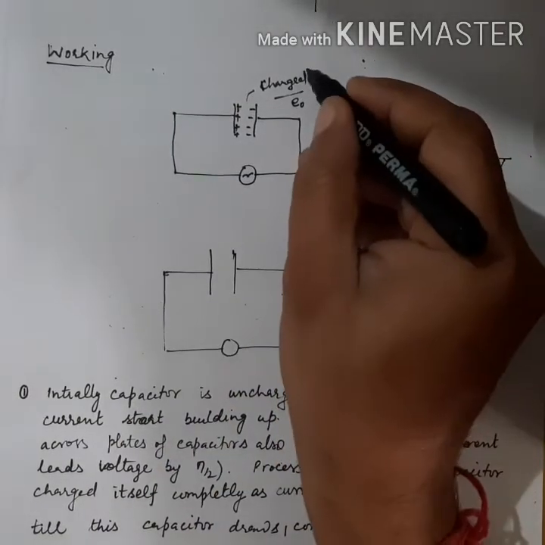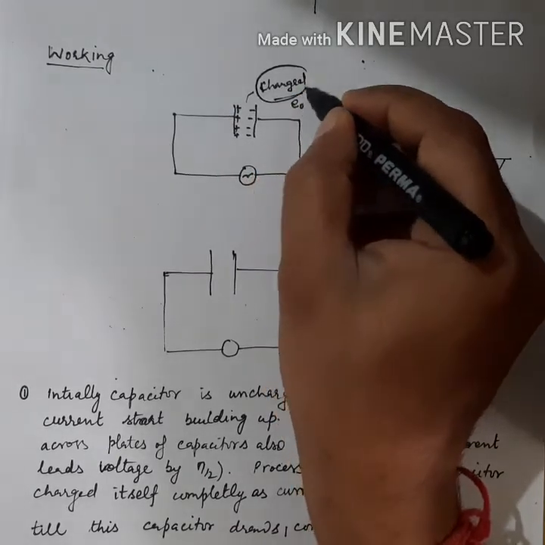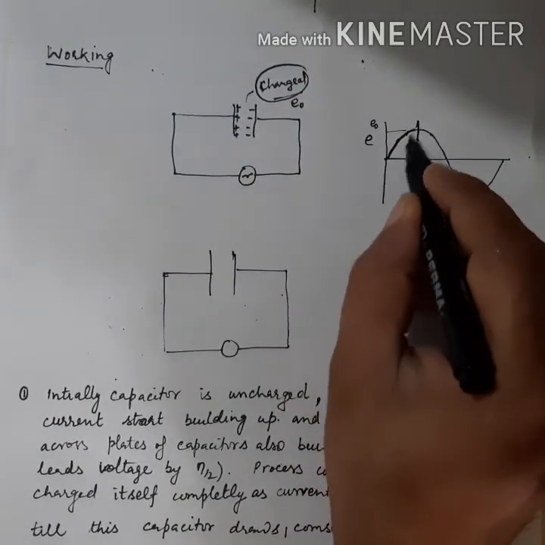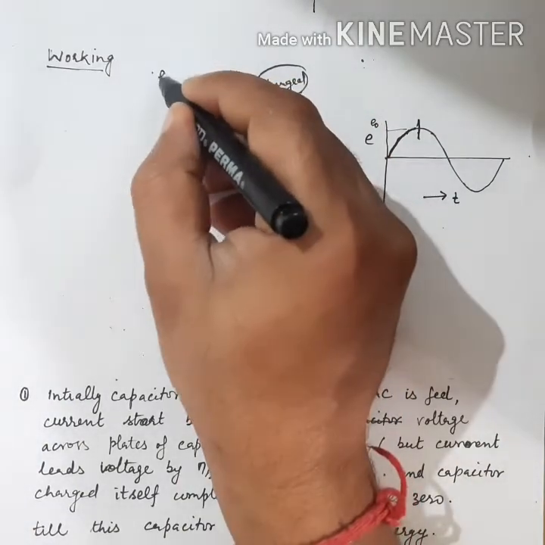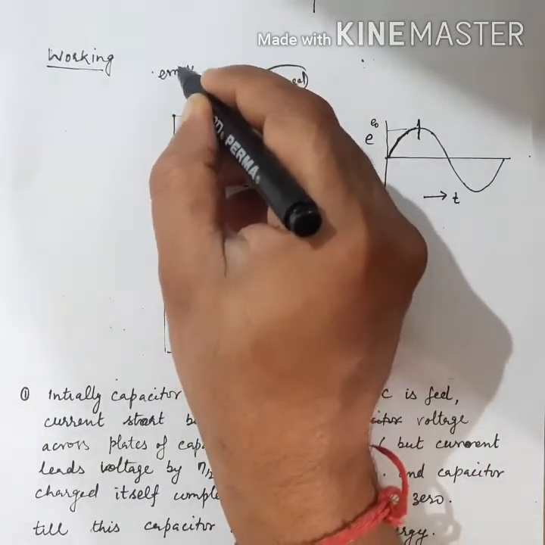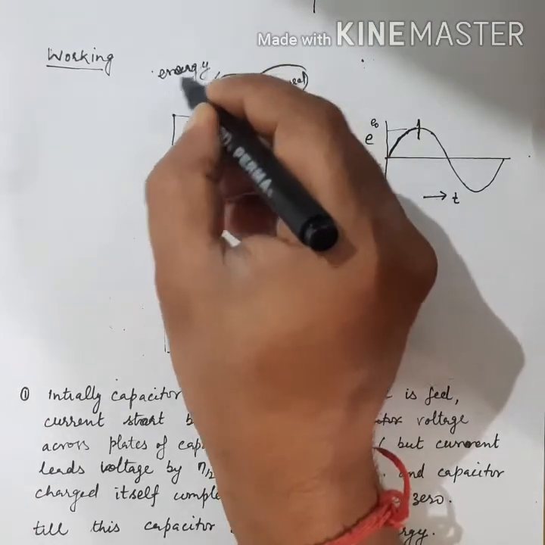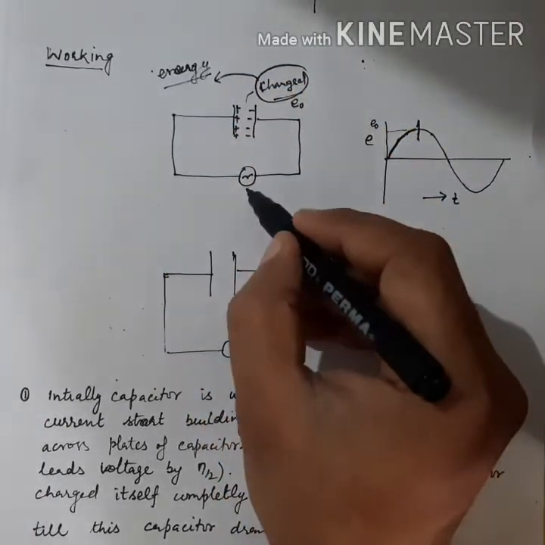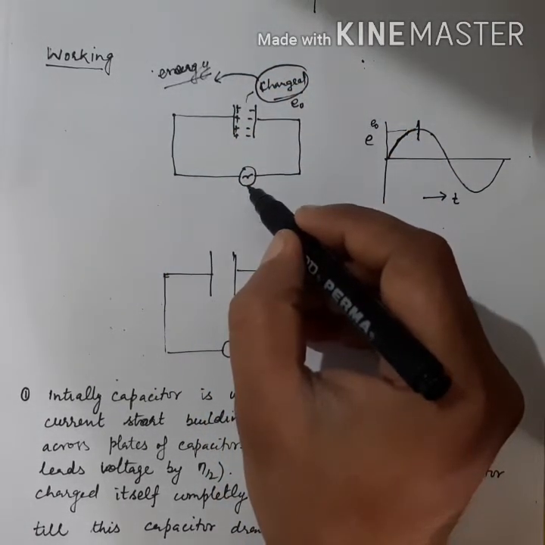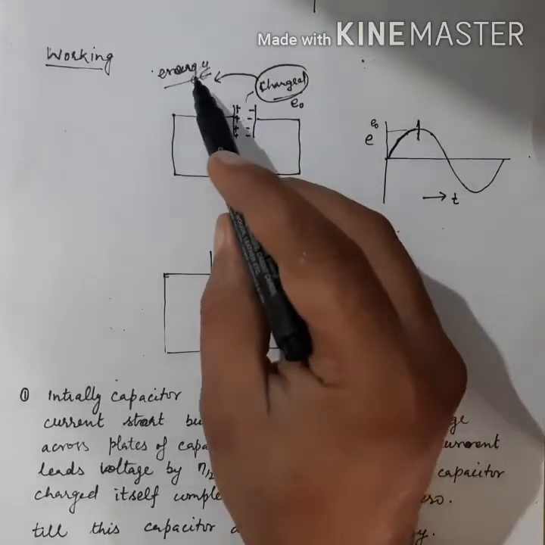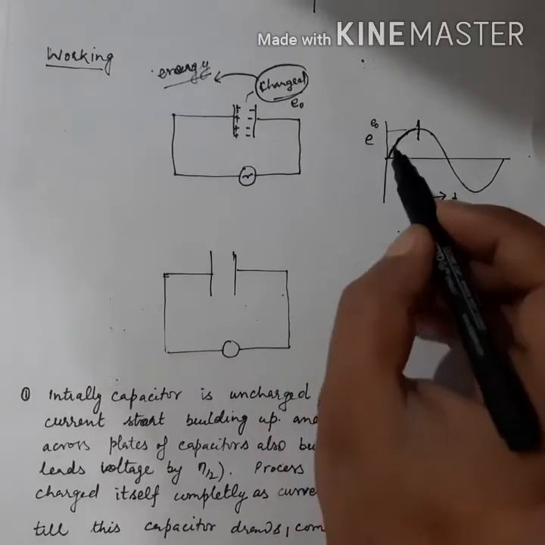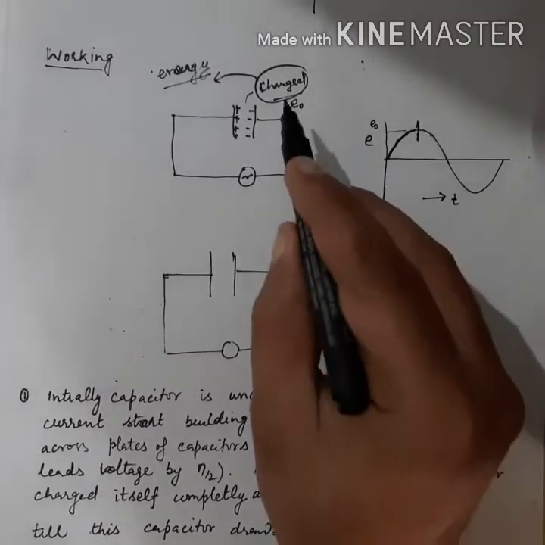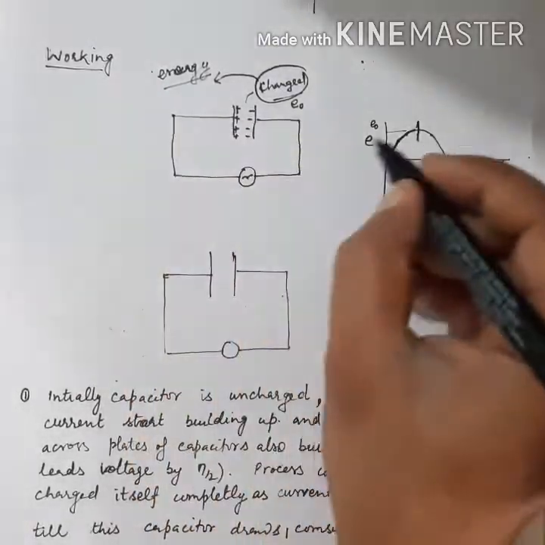It means that at this particular time, from here to here, it has taken up the energy from the supply. It draws the energy, it draws the alternating current from this power supply. So from here to here, this capacitor consumes the energy.